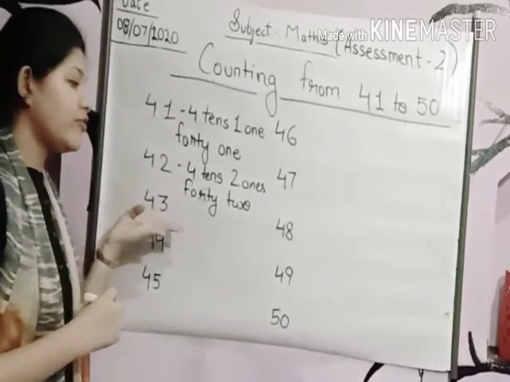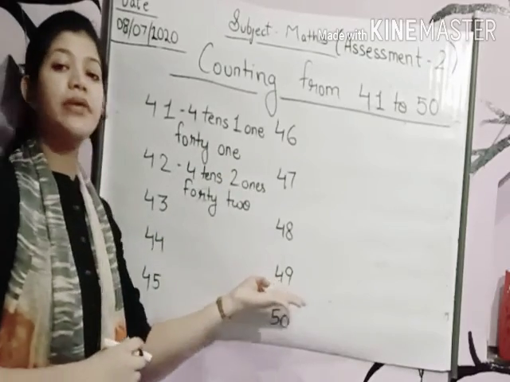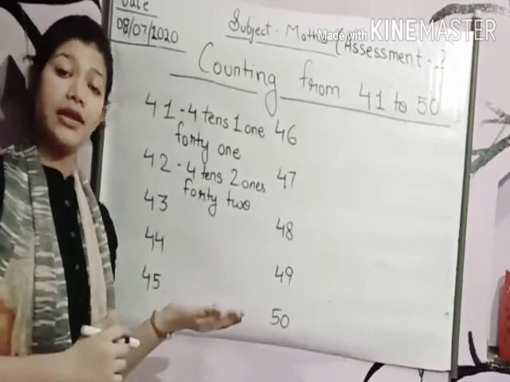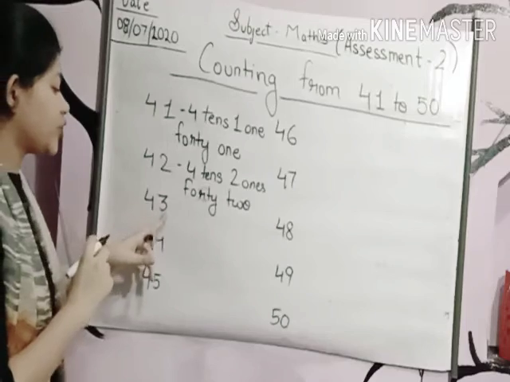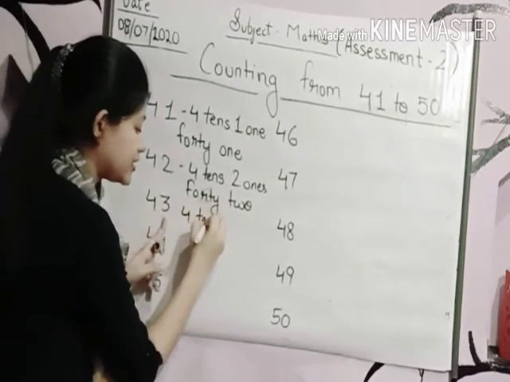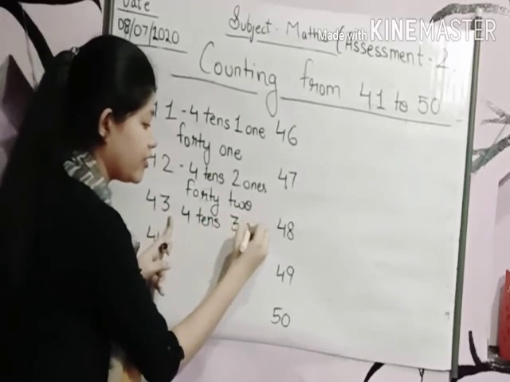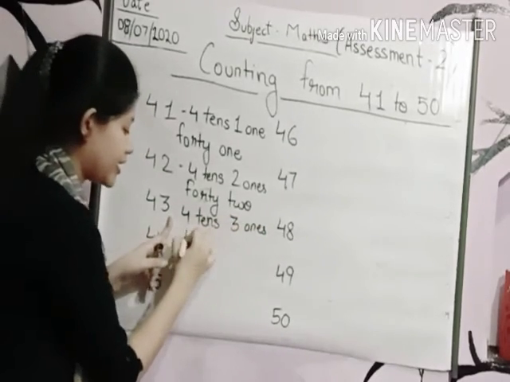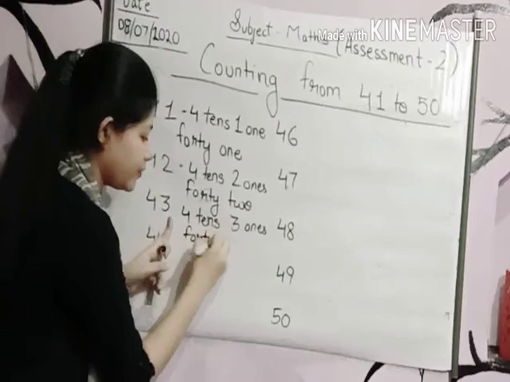Now, in the same way, we will write all the numbers till number 49. Let's start. 43. How can we write it here? 4 tens and 3 ones. This can be written as 43.